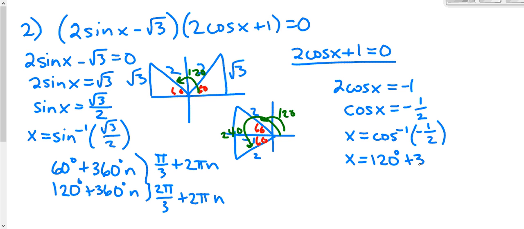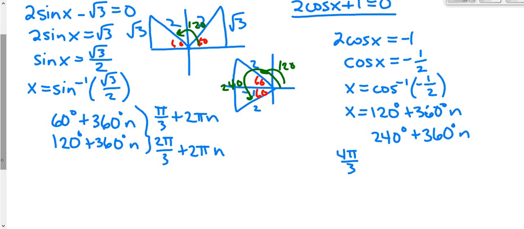Now we already gave our answer for 120 a moment ago, so we really don't have to give it twice when we make our final list of answers. We do need to add in the 240 plus 360n, and let's convert that to radians. So that would be 4 pi over 3 plus 2 pi n.